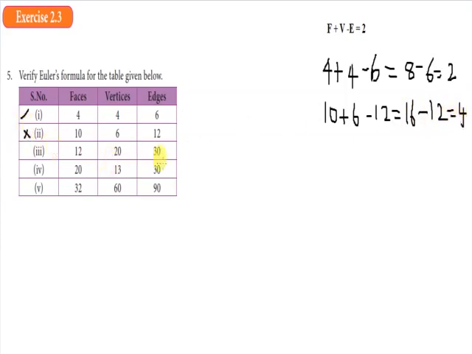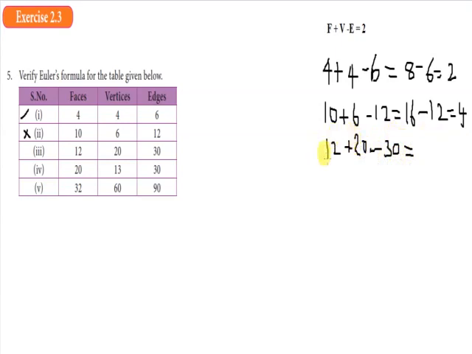So it is 12, 20, 30 here. We write faces are 12, plus 20 is your vertices, next minus 30. So 20 plus 12 is equal to 32.